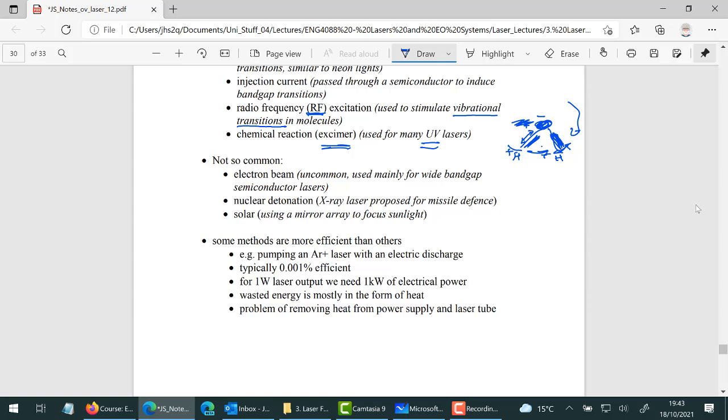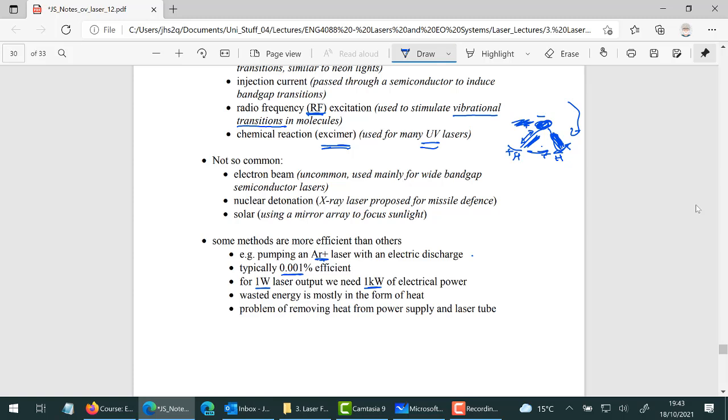Taking the different ways in which we can excite the laser into consideration, there are different levels of efficiency here. So for an argon ion laser, with an electric discharge, so passing a current through the gas to ionize it, efficiency of maybe 1,000th of 1%. So if you get 1 watt of laser output, you need 1 kilowatt of electrical power, and the other 999 watts goes as waste heat.